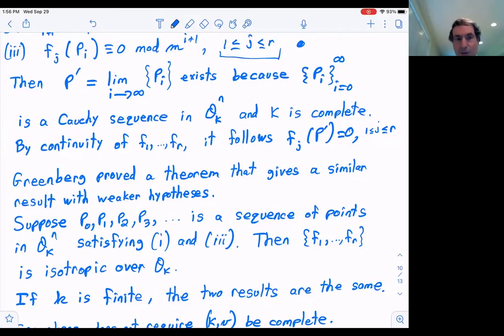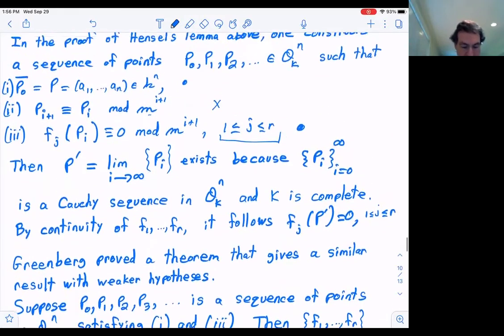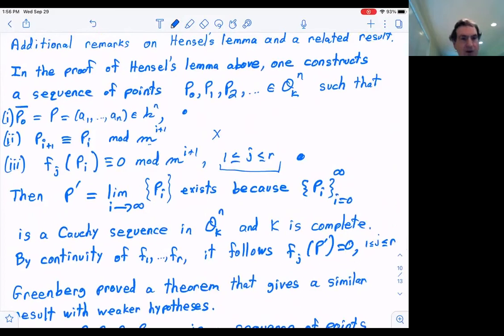Now, in the case when the residue field is finite, as I write here, the two results are the same, because if you have properties 1 and 3, it turns out using the finiteness of the residue field, one can extract a subsequence that does satisfy property 2. And then you can apply the usual Hensel's lemma.